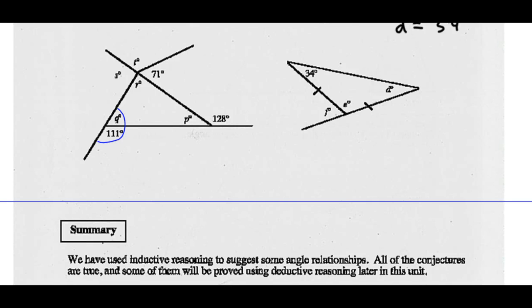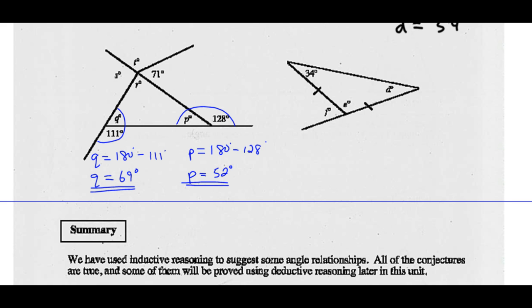So Q is going to equal 180 minus 111 degrees, so angle Q is going to be 69 degrees. Do the same thing here. I know that P and 128 have to add up to 180. So angle P would have to be 180 minus 128, which is 52 degrees.